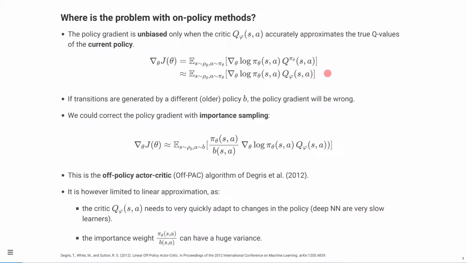But what we do with an actor-critic architecture is that we estimate this true Q value with another neural network, the critic, which will be an approximation of the true Q value. But of course, because we are using neural networks, there will be an error, a bias in the critic. And if your bias is too strong, that will impact the gradient that you pass to the actor, and learning may not work.